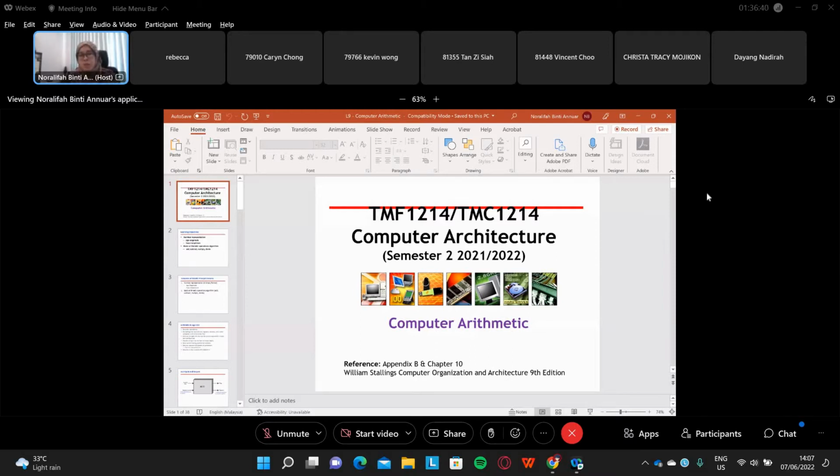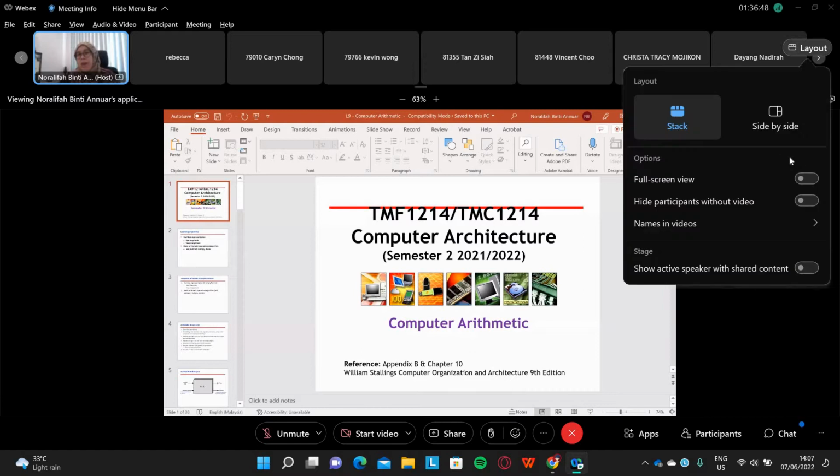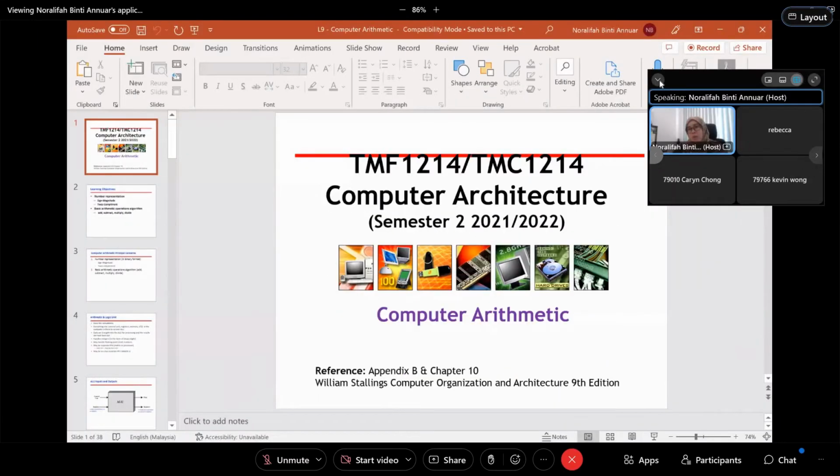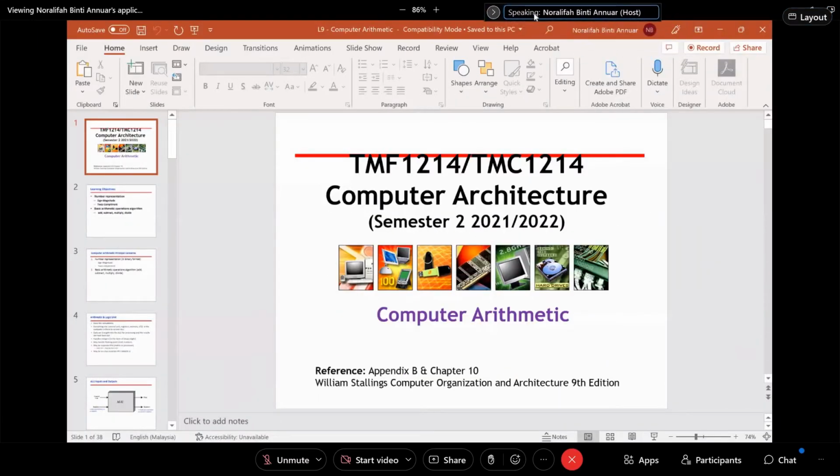When you see computer arithmetic, basically this lecture is focused more on calculation. It's quite simple. Today, our aim is to understand how our computer works, especially on the arithmetic operation. This arithmetic operation is part of the CPU, right?